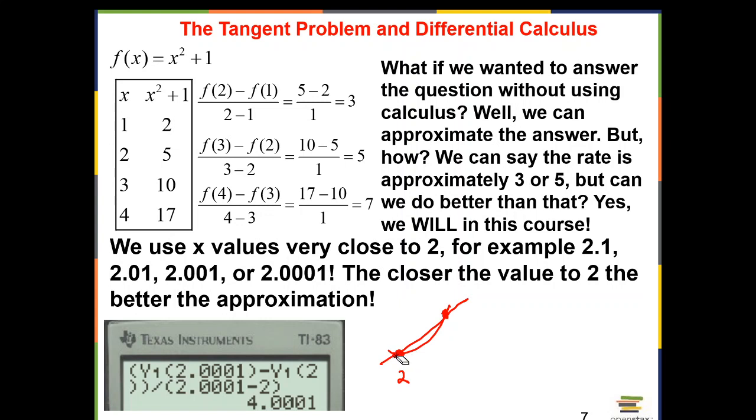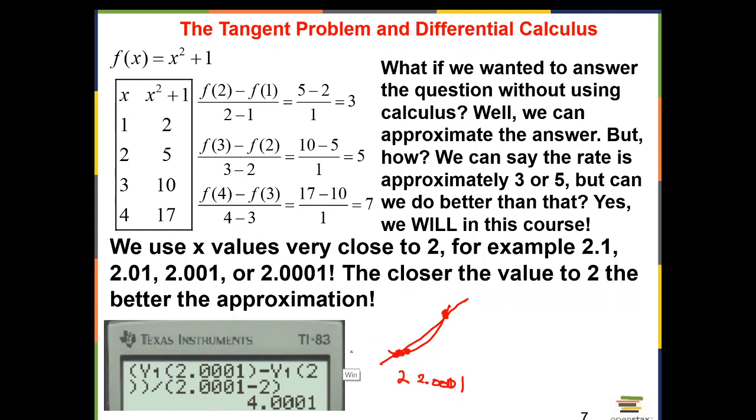So to get an estimate of what the rate is at 2, we can go to a point really close to 2, maybe 2.0001 or even closer, and then find the slope, or the rate of change, from 2 to 2.0001.